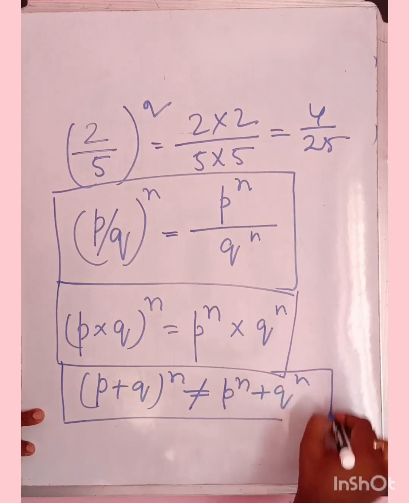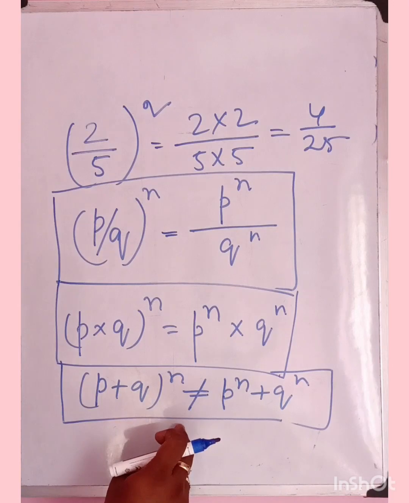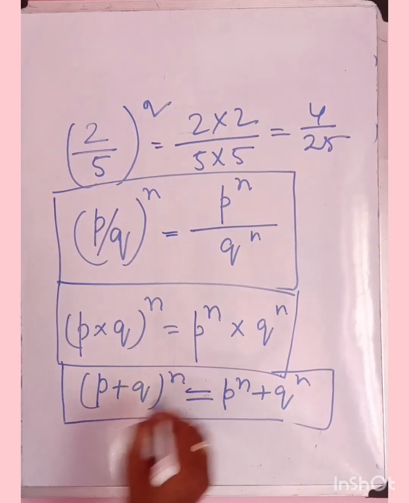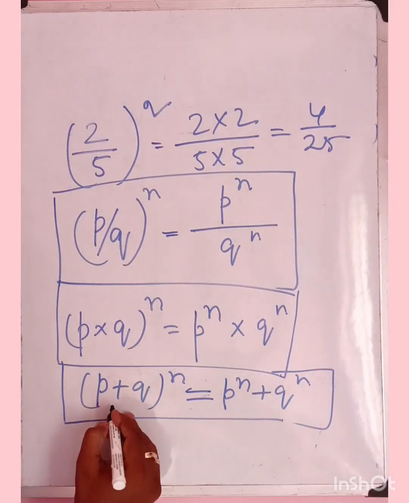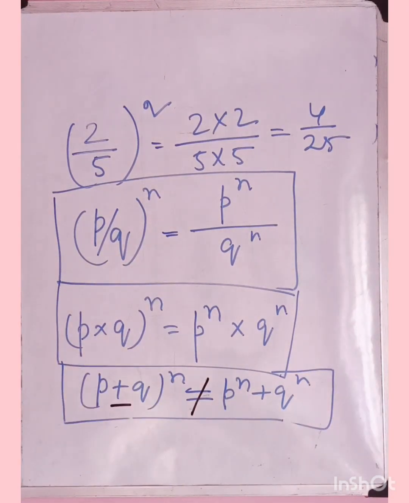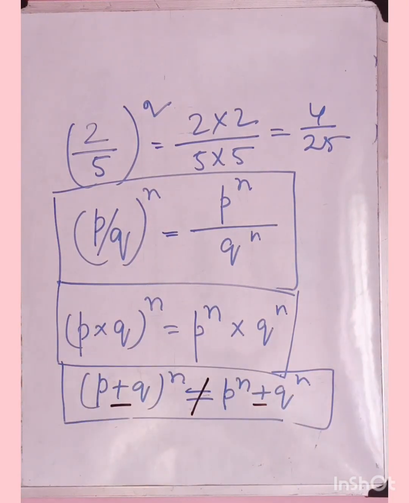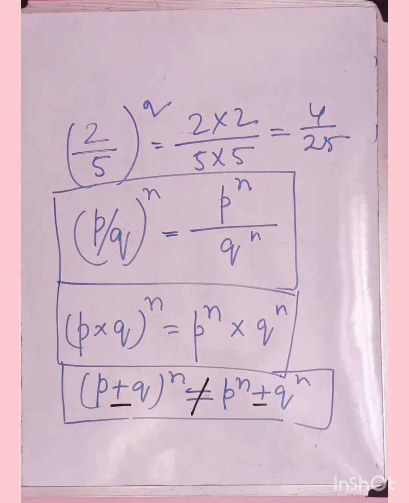Very important. Many students are stuck at this point and write it like this. But you should remember P plus Q or P minus Q to the power n is not equal to P to the power n plus or minus Q to the power n. So these are three very important observations during your index problems. Clear? Okay.